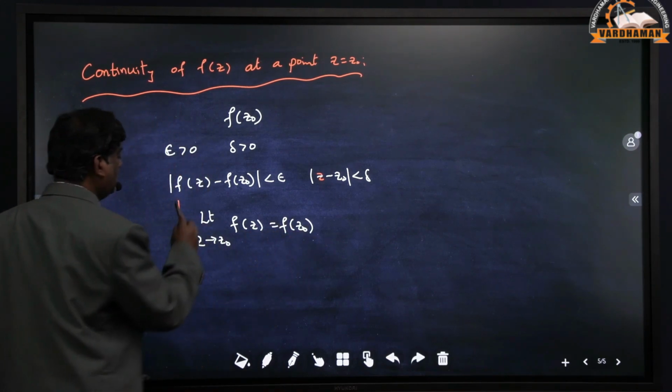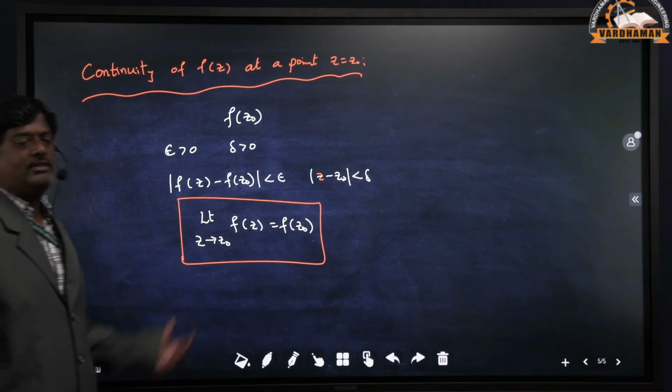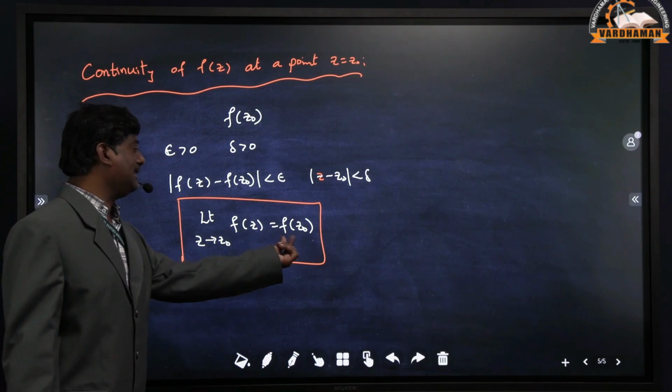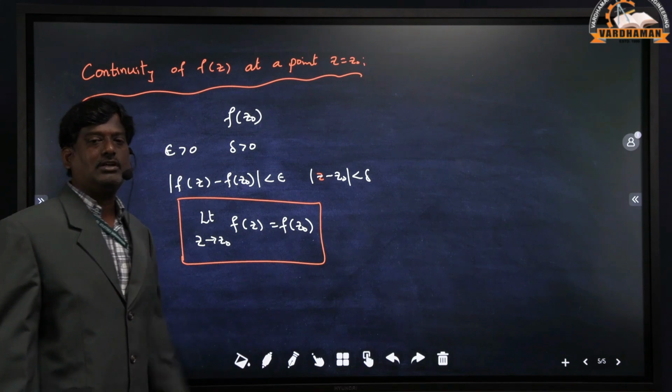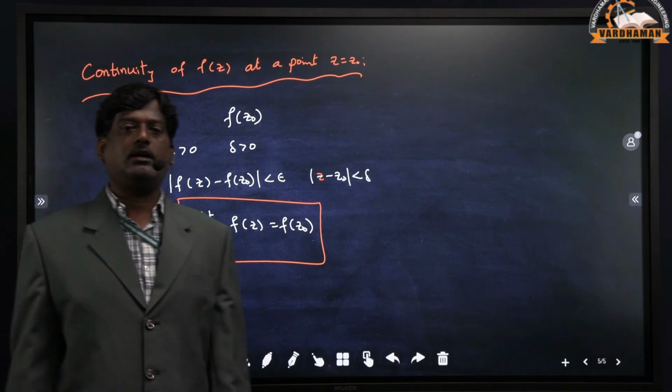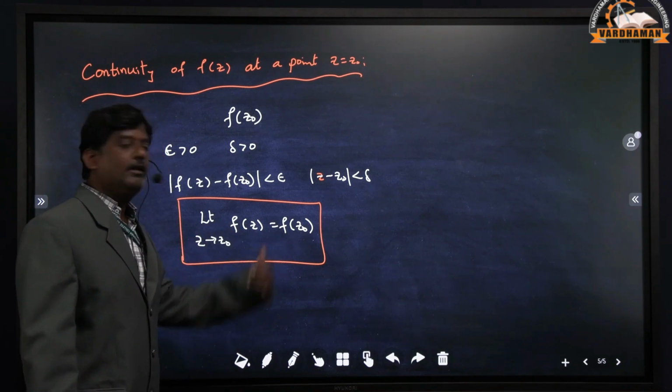This is the continuity. If this condition is satisfied, that is f of z naught exists and is equal to the limit value, you can say the function is continuous at the point z is equal to z naught.